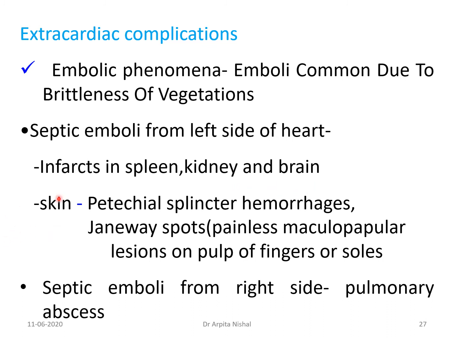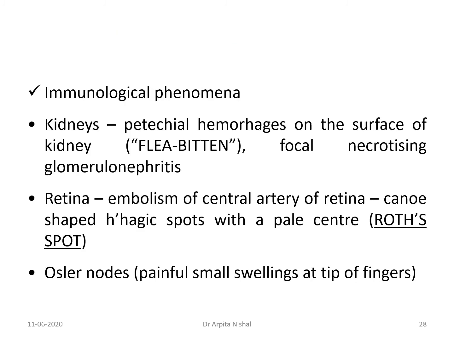Even the small emboli may circulate and dislodge in the skin, leading to petechial splinter hemorrhages and other lesions which are called Janeway spots, which are painless maculopapular lesions on the pulps of fingers or soles. Septic emboli, as I said, from the right side may enter into the pulmonary circulation and lead to pulmonary abscess formation.